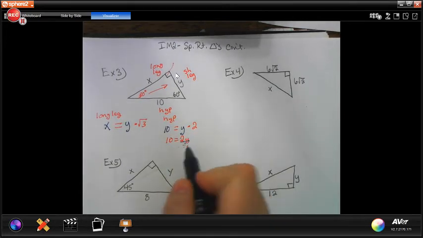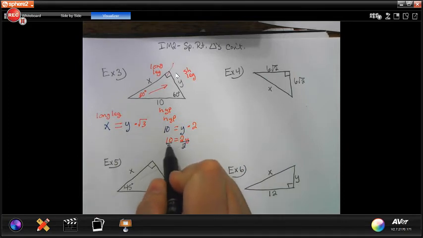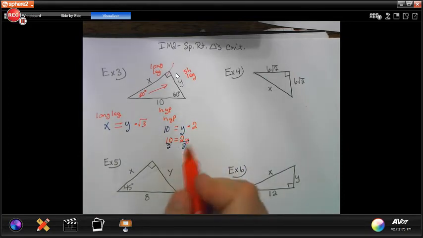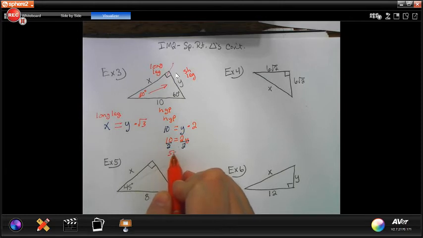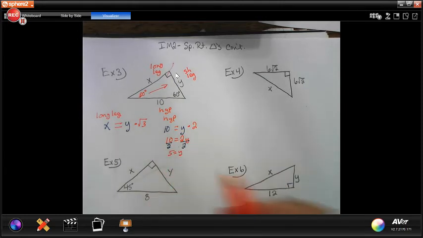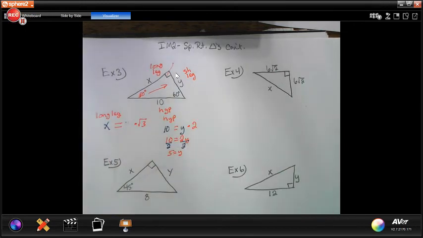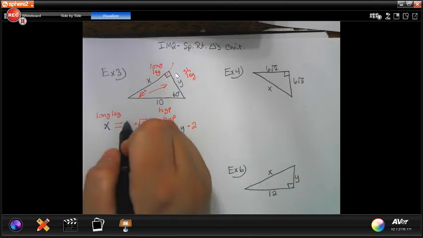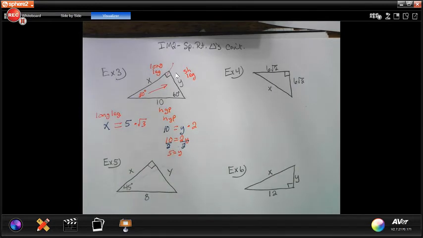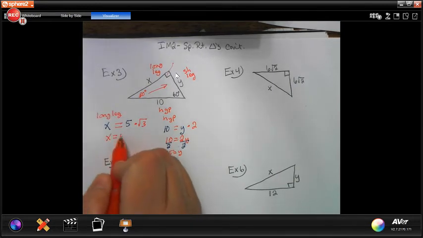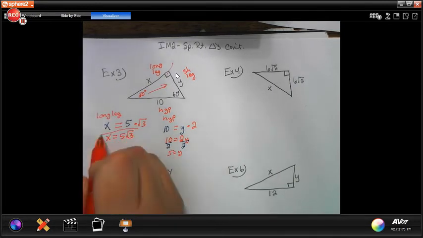It's 2 times y, so we divide by 2. So I get 5 equals y. Now that I know 5 equals y, I can come over here and replace y with 5. And then I get x equals 5 radical 3.